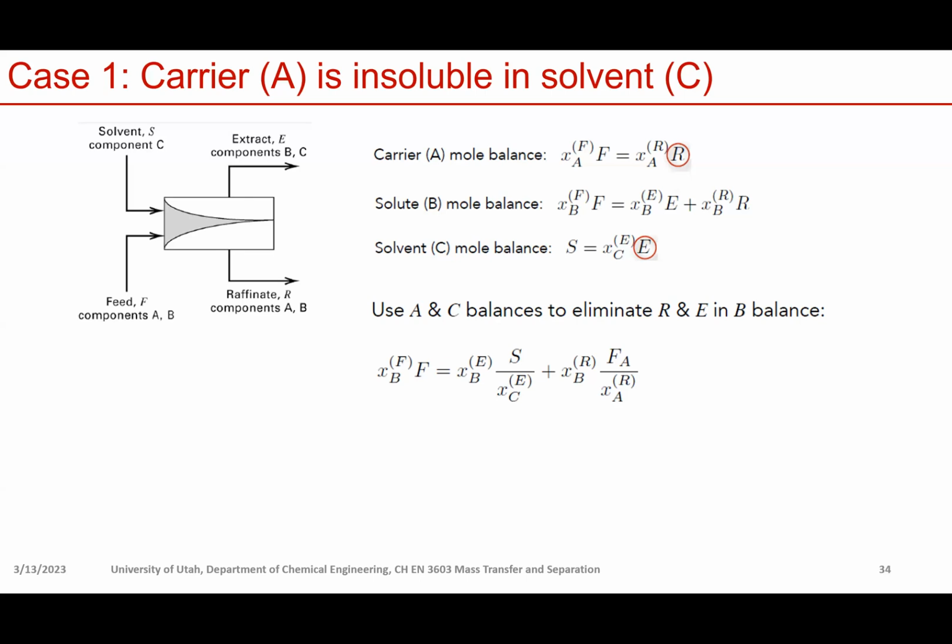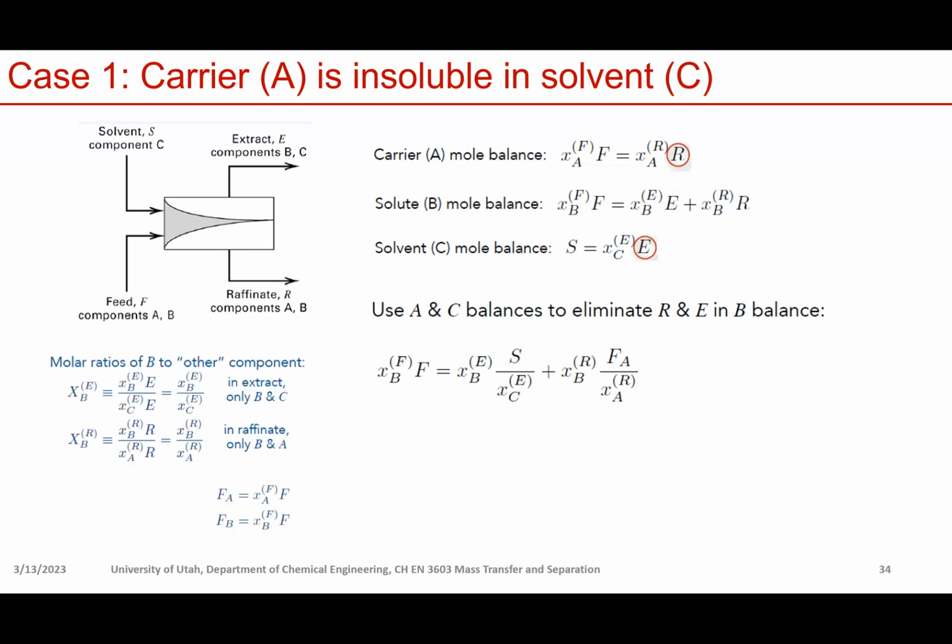Now we have to make a definition here. F_A equals X_A^F multiplied by F. F is the total flow rate of the feed, X_A is the mole fraction of A in the feed, and F_A is the flow rate of A in the feed stream.